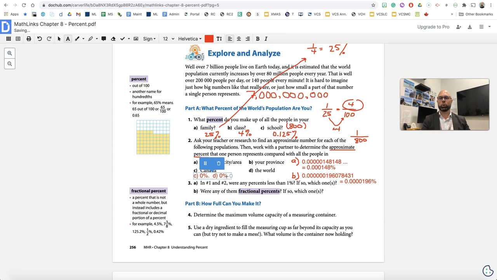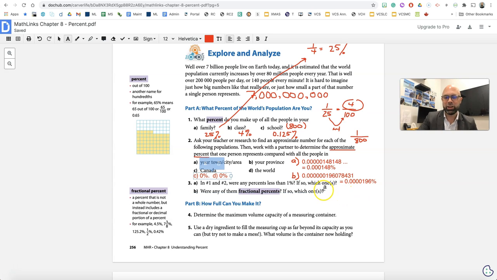Because now when we're talking about the world, it's 1 out of 7.6 billion. I wrote 7 billion up here, but it's well over that. So 7.6 billion. In number 1 and 2, were any percents less than 1%? Yes.